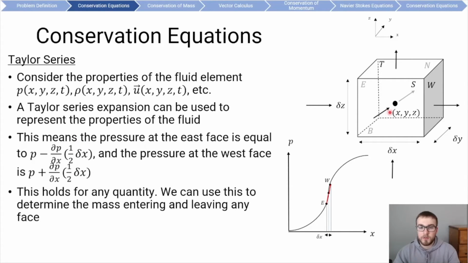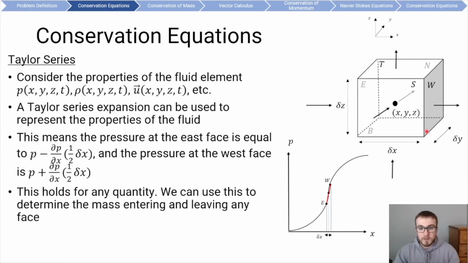So if I know the pressure at the cell center here, or at the fluid element center, and I want to determine the pressure at the west face, I can describe a Taylor series expansion between the west face and the center, and I can neglect the higher order terms of the Taylor series expansion and use a linear approximation.